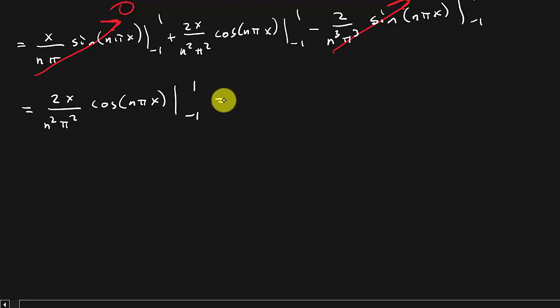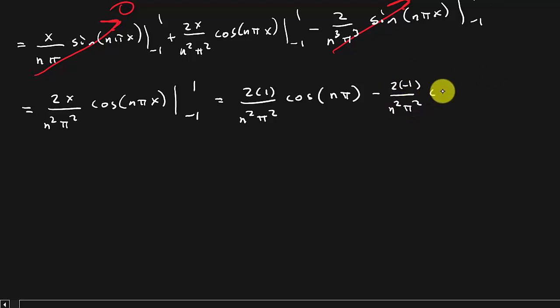So this is going to be 2 times 1 over n squared pi squared times cosine of n pi minus, let's just leave it like that. And that's going to be 2 times 2 times negative 1 over n squared pi squared times cosine of, and plug the negative 1 in, that's negative n pi.